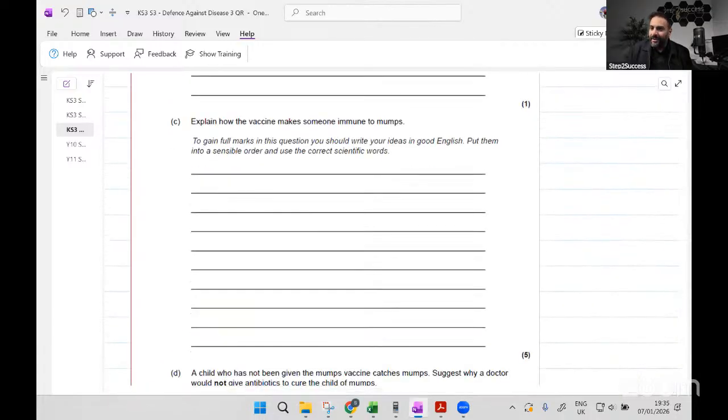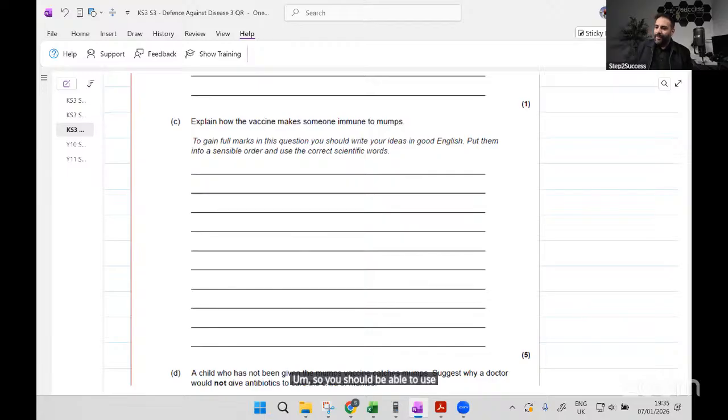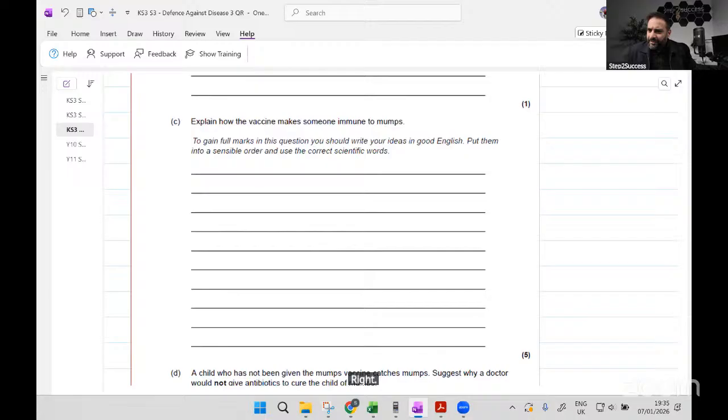Same again. I'm not answering that because it's in your notes. There is absolutely no chance I'm answering a question again about how a vaccine works because there is no chance it is not in your notes. So you should be able to use your notes to answer any question about how a vaccine works.